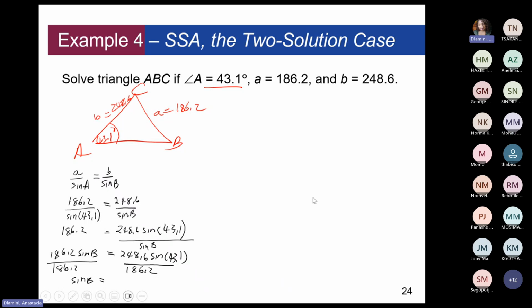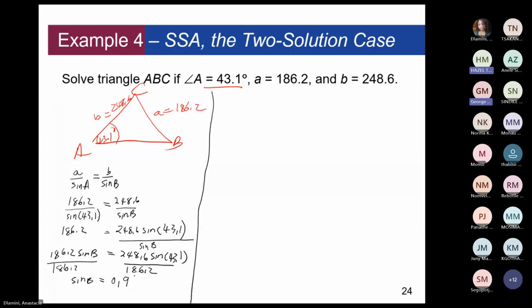Wait, what is 248.6 sine 43.1 divided by 186.2? Okay, let me check it out. Before that, what is the answer? It's not the answer 0.91. I got 0.90491574997. Is it 0.9?